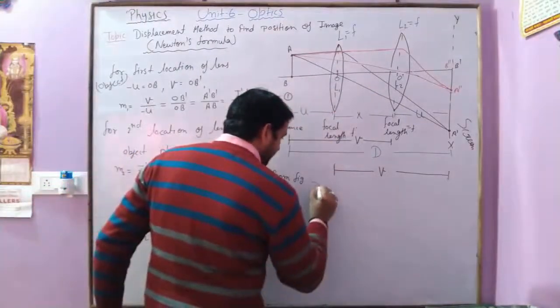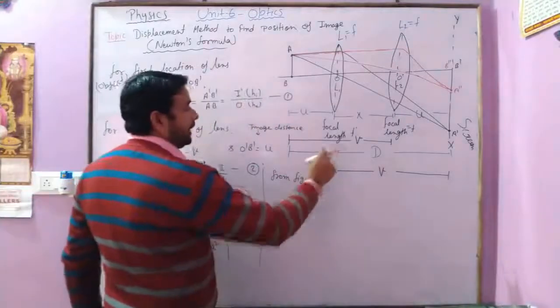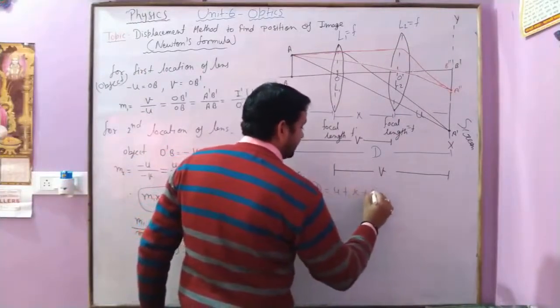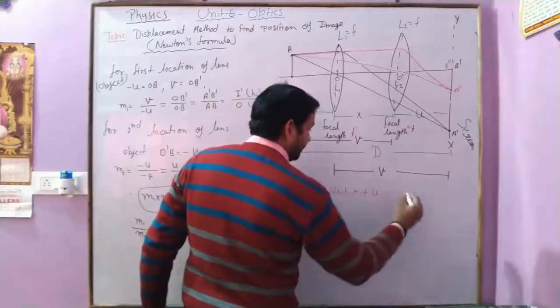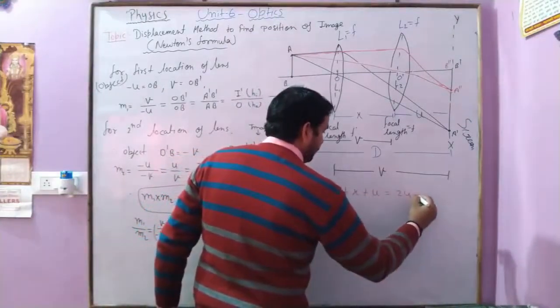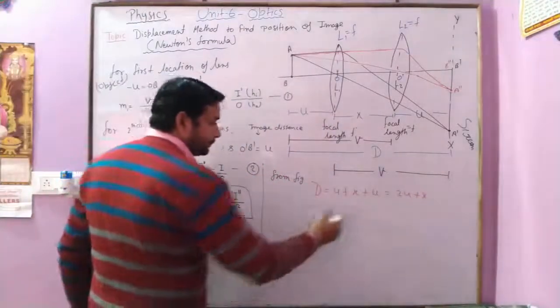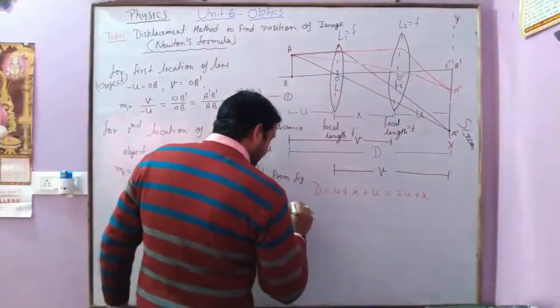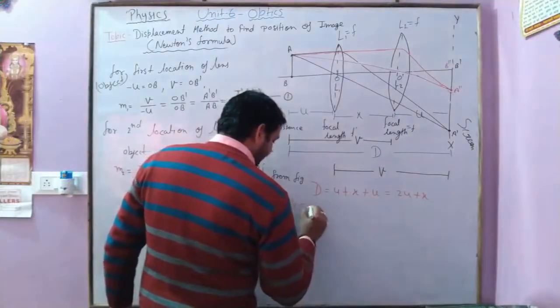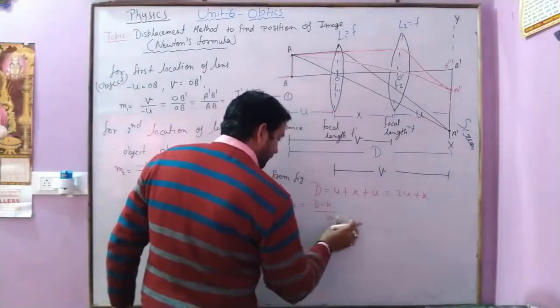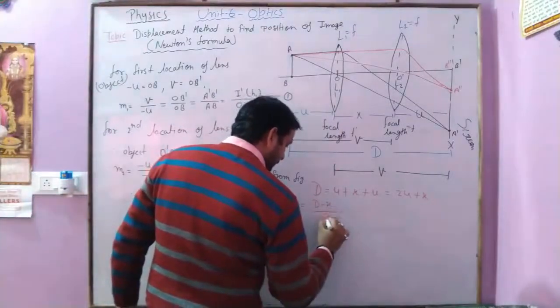Therefore, from the figure, d is equal to u plus x plus u, which is 2u plus x. From here u is d minus x upon 2.